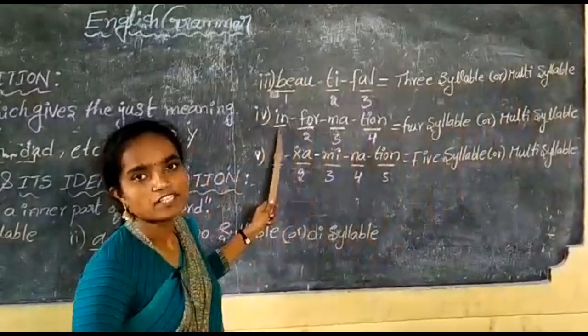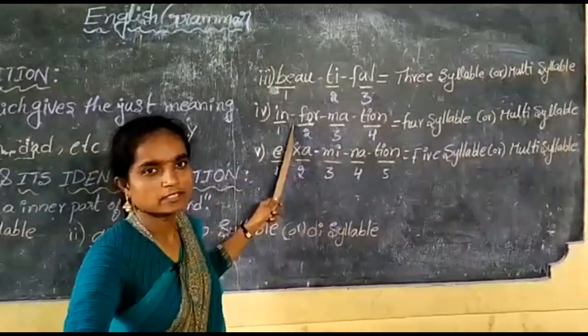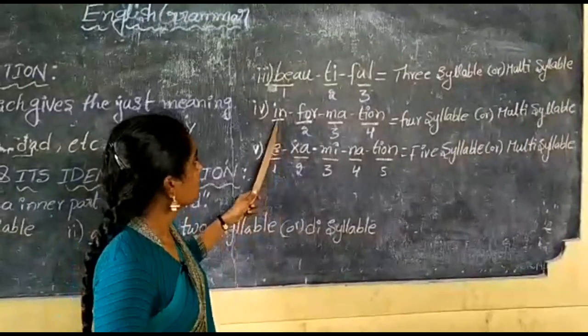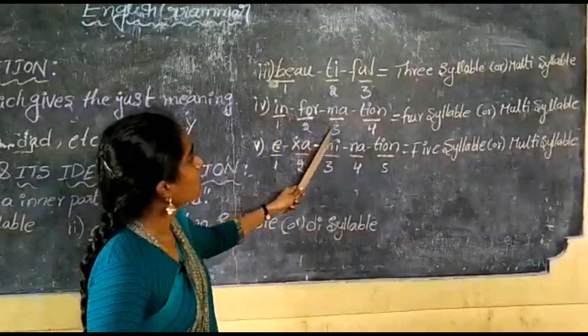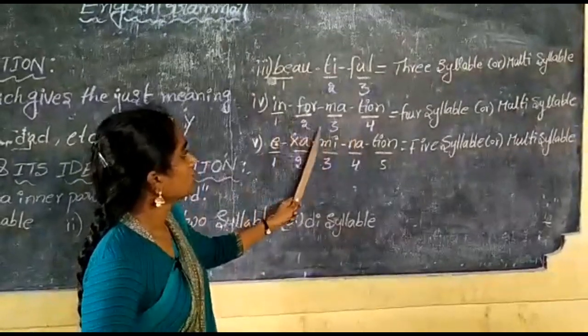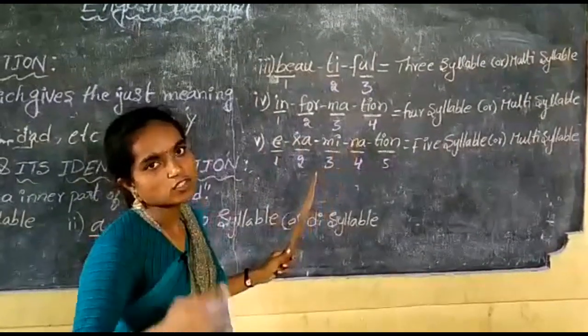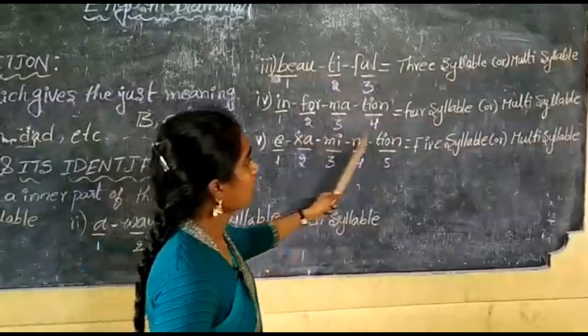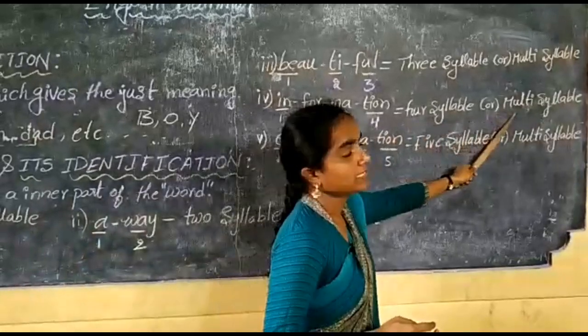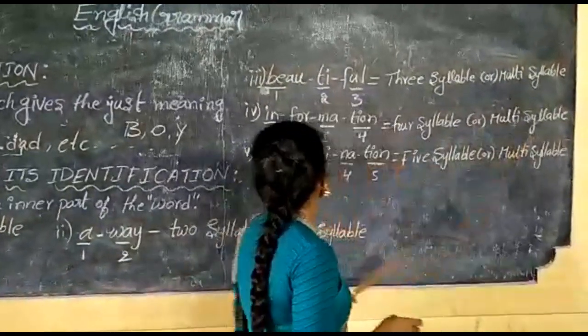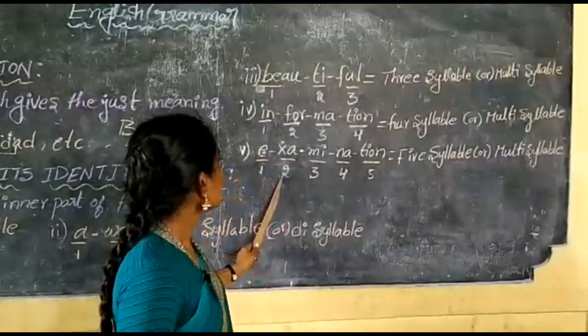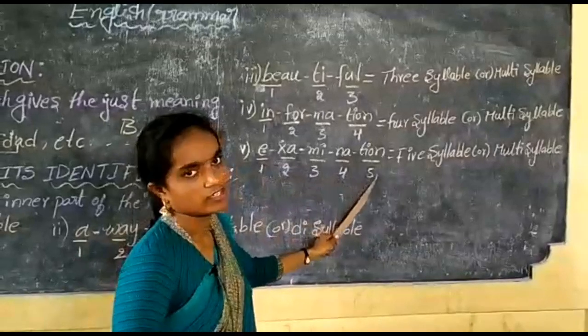Next, information. Information is the word. Break this word. How many sounds are coming? Information: 1, 2, 3, 4. Four sounds are coming. So this is called four syllables, or multi-syllable. Next, examination.